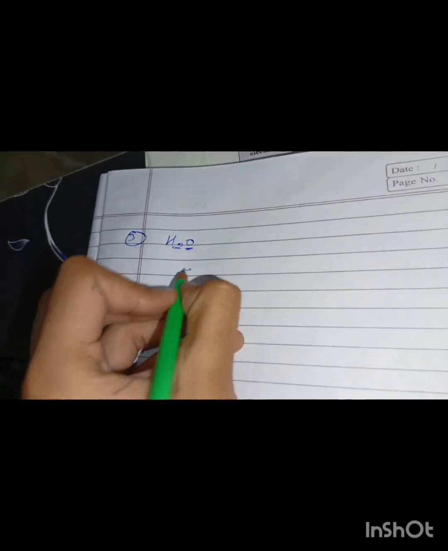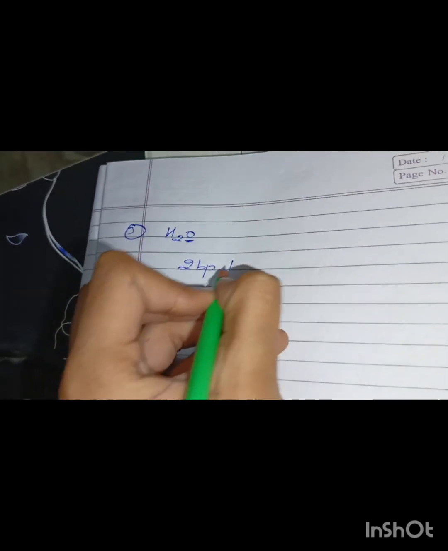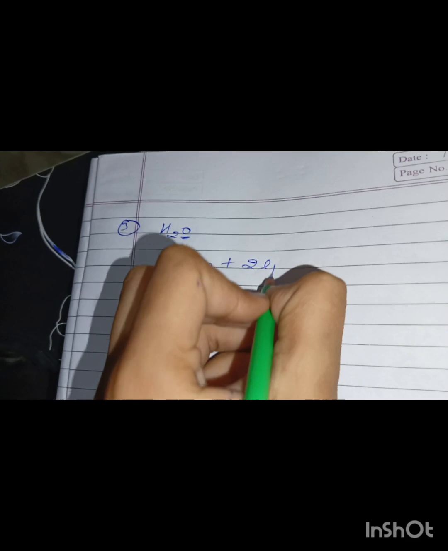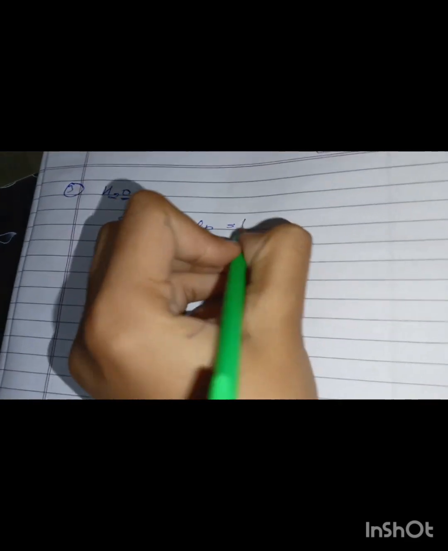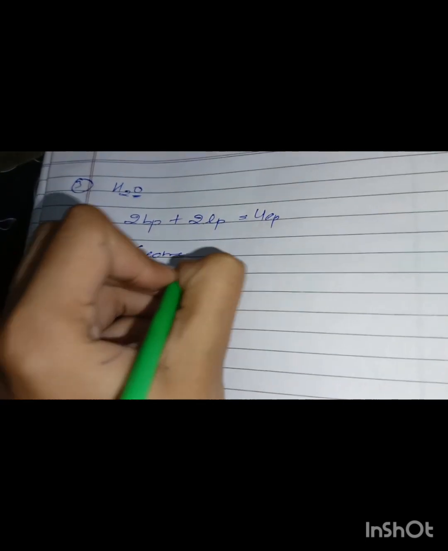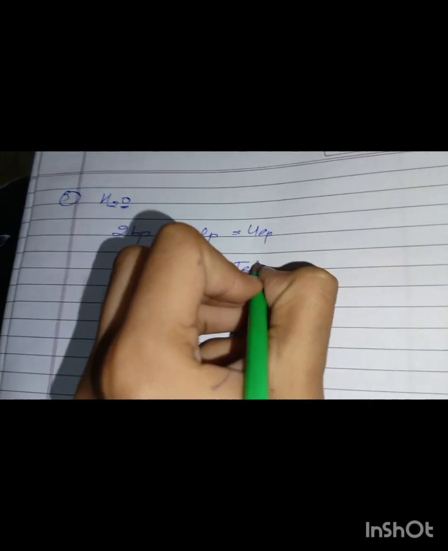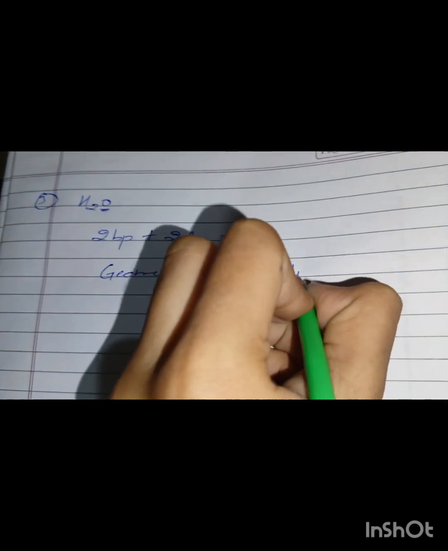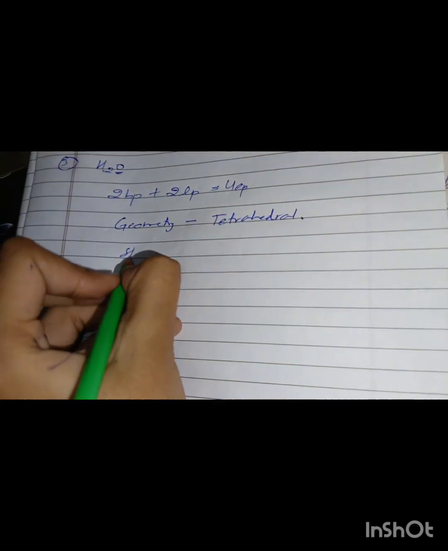Then let's take another example. Now we are taking H2O. Here 2 bond pairs and 2 lone pairs. Total 4 electron pairs. The geometry will be tetrahedral. And the shape?